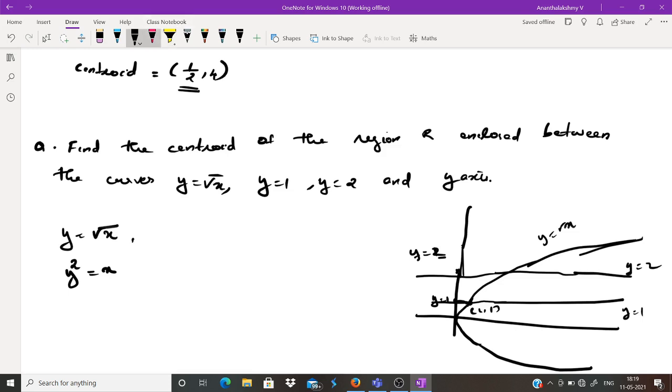This is the graph of y equal to root x. This is our region. Right, the red color is our region.